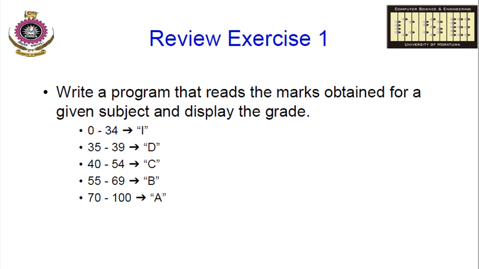If the mark is from 0 to 34, the grade should be I. If the mark is from 35 to 39, grade should be D. If it is from 40 to 54, the grade should be C. And if the mark is from 55 to 69, the grade should be B. 70 or above, up to 100, the grade should be A. So this is the expected behavior of the program.